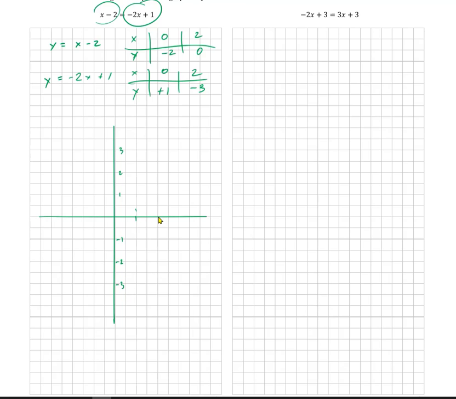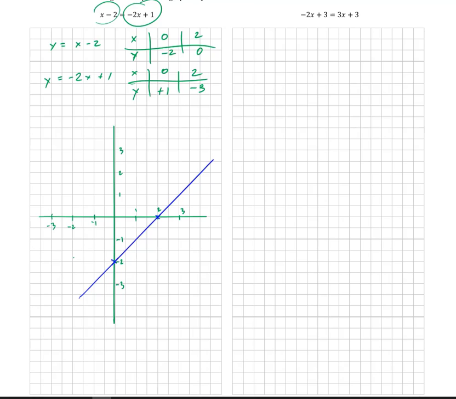So the first data point we've got is 0 comma minus 2, so it's going to be down here, and then we've got 2 comma 0, and then I'm going to join those lines together.